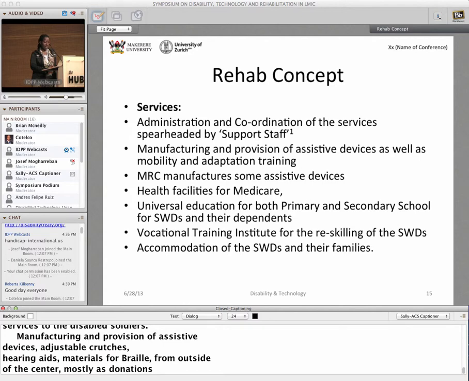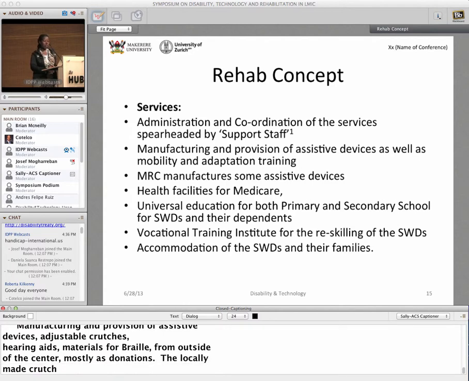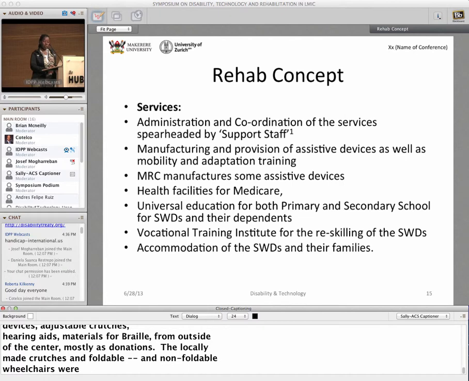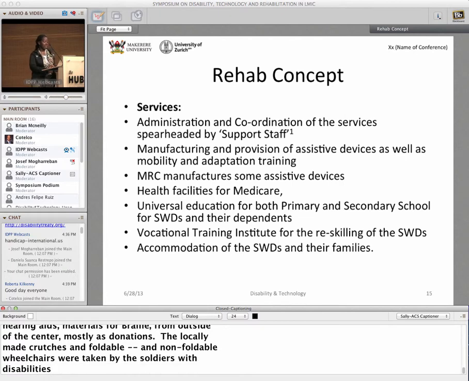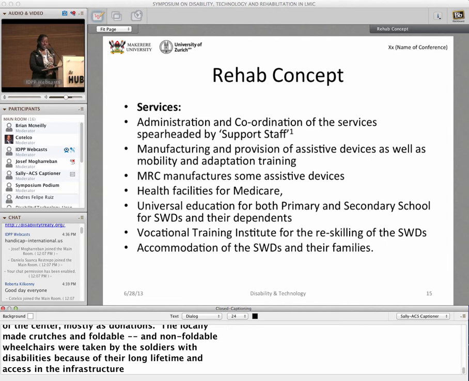The locally made crutches and non-foldable wheelchairs were favored by the soldiers with disabilities because of their long lifespan and toughness in the inaccessible infrastructure. Then health facilities for medical care.